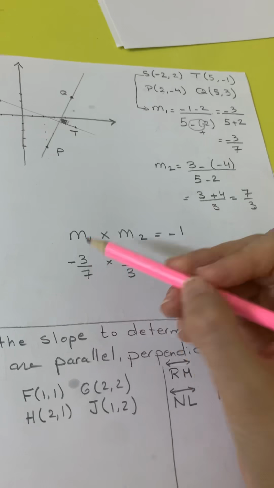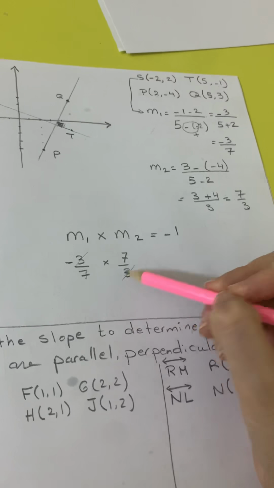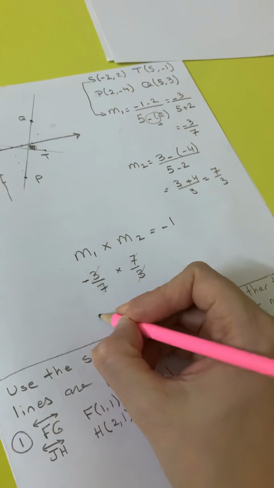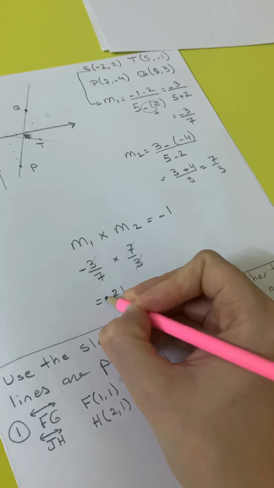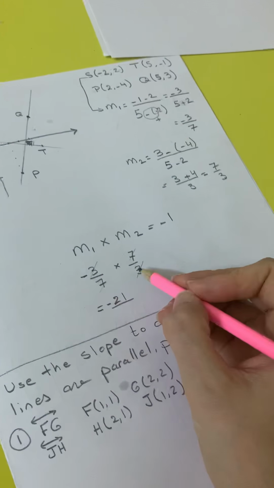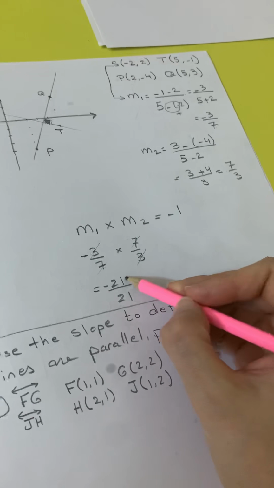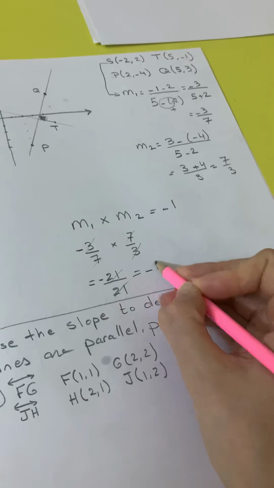You can directly simplify 3 and 3, and 7 and 7. But in case you don't know how to do this, you can multiply them: 3 times 7, which is 21, and 7 times 3, which is 21. Now you can simplify them, and it's only -1 left.